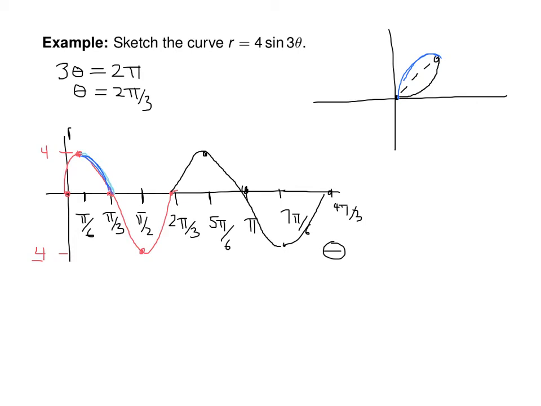And the next part, this easy point to plot right there is the one down there, which is negative 4, pi over 2. To graph that we would usually go pi over 2 up 4, but it would reflect down to negative 4. So that will take us over here.